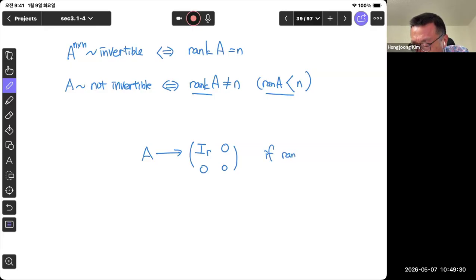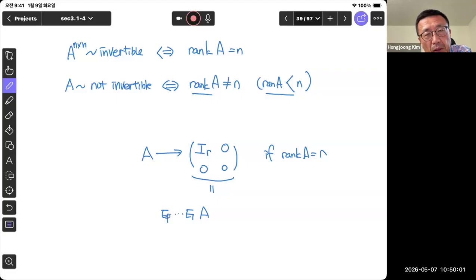If the rank of A is R, A can be transformed to such a matrix. And when I say elementary row operations, or elementary column operations, that means this can be obtained from A by performing some elementary row operations.